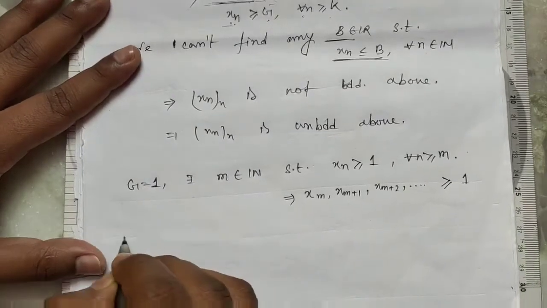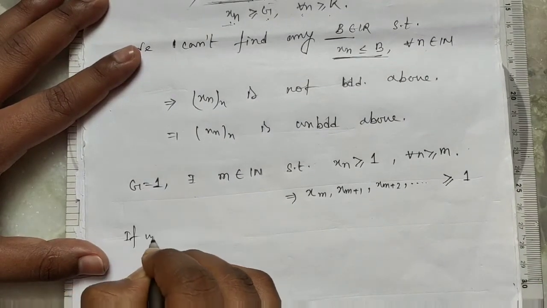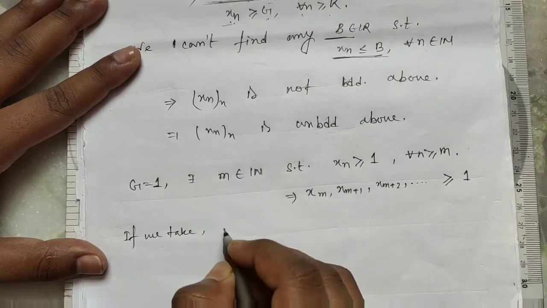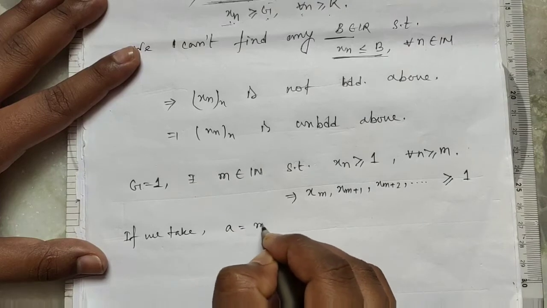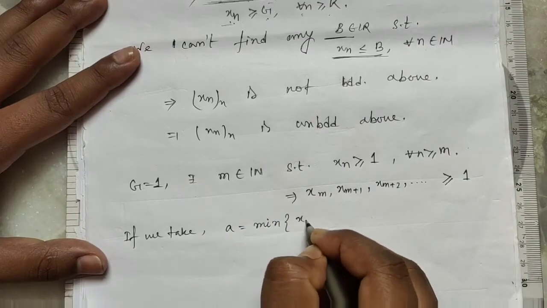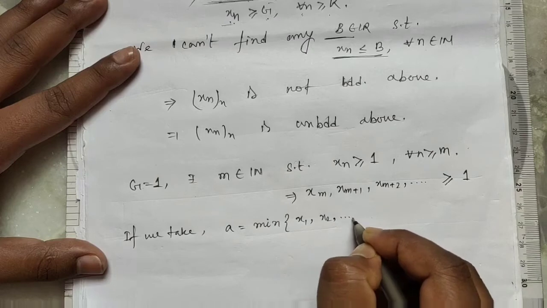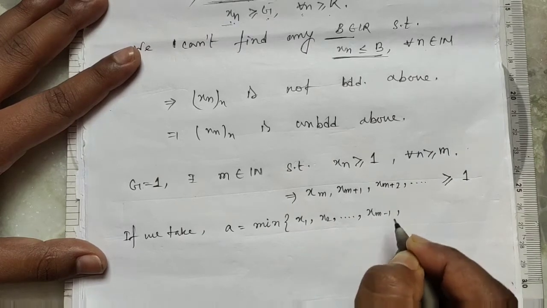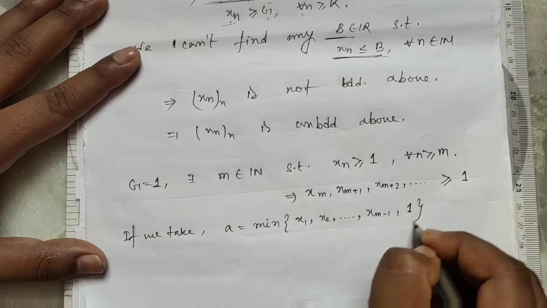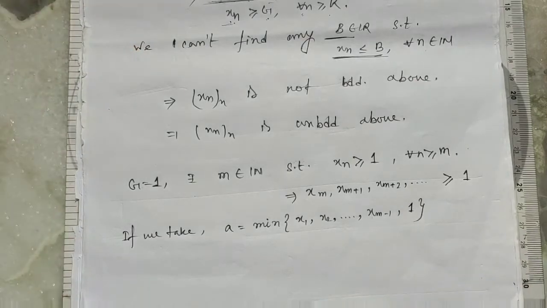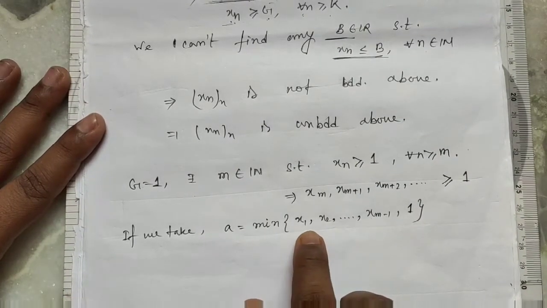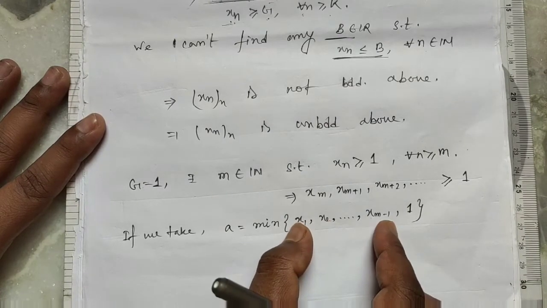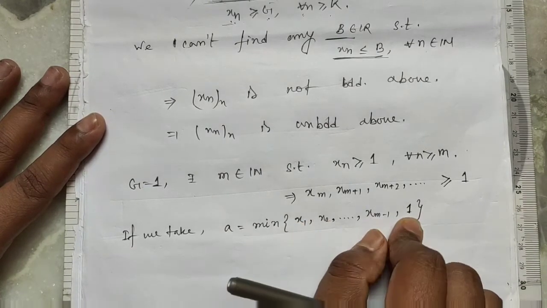So if we take a equal to the minimum of x1, x2, up to xm-1, and 1, there are m-1 terms of the sequence, and we take an extra term 1.